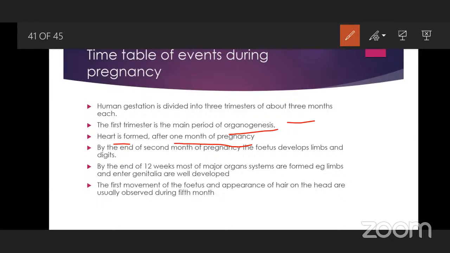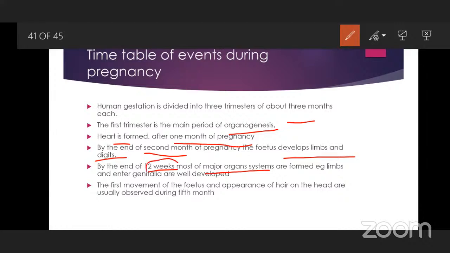By the end of the second month of pregnancy, the fetus develops limbs and digits. So forelimbs as well as hind limbs with their digits are well developed by the second month of pregnancy. By the end of 12 weeks, that is 3 months, most of the major organ systems, that is the digestive system, urinogenital system, and all the other systems, are very well developed.